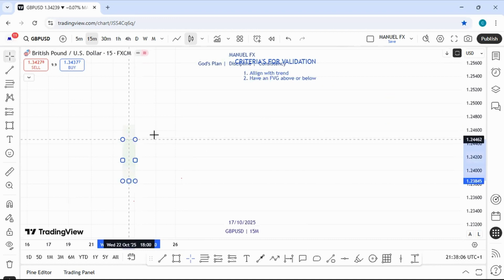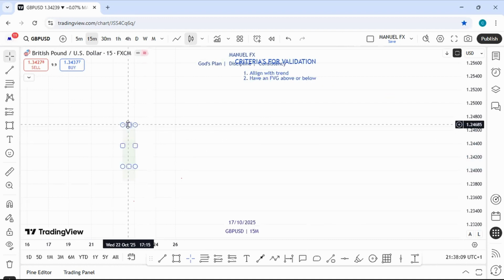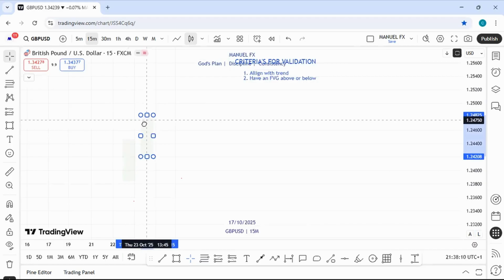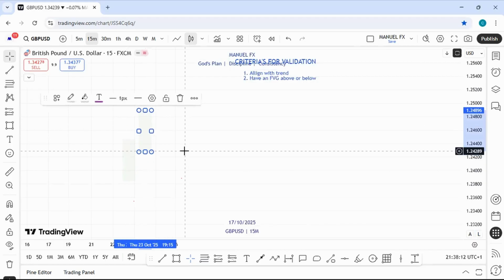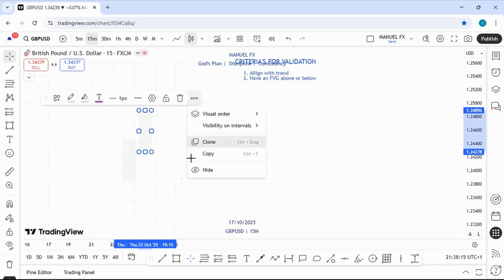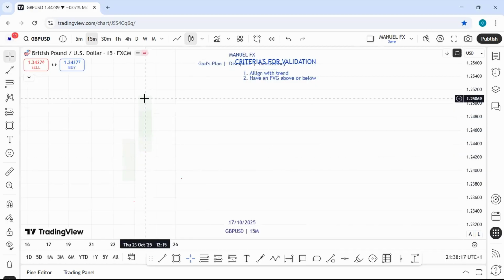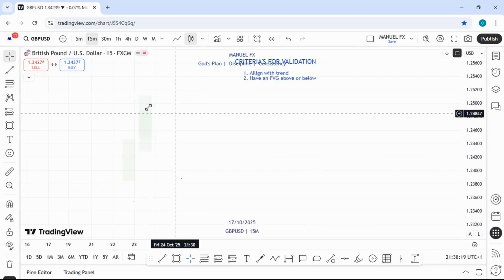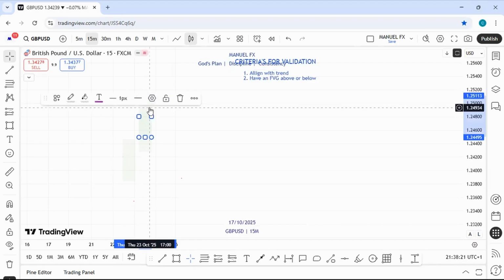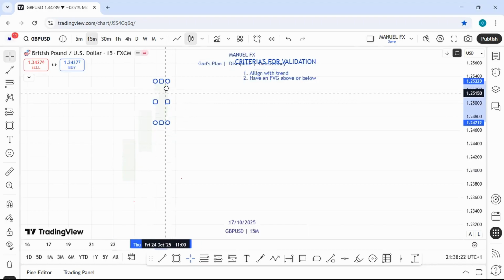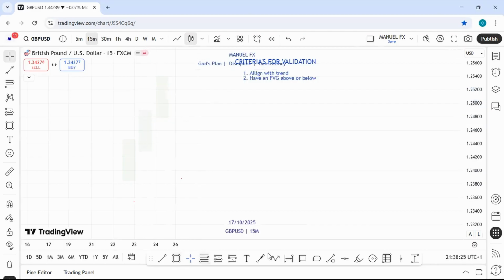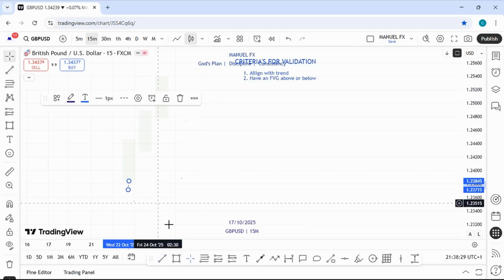Let's just say you have this and this, and the fair value gap is just space.